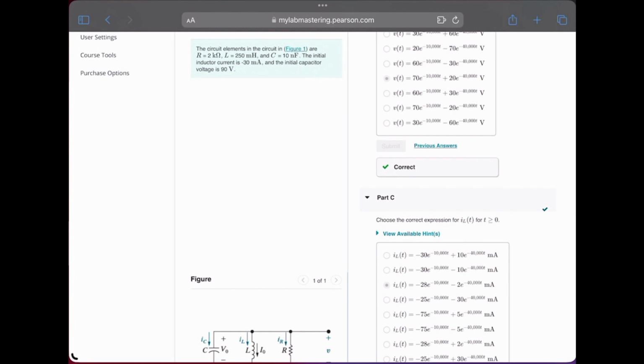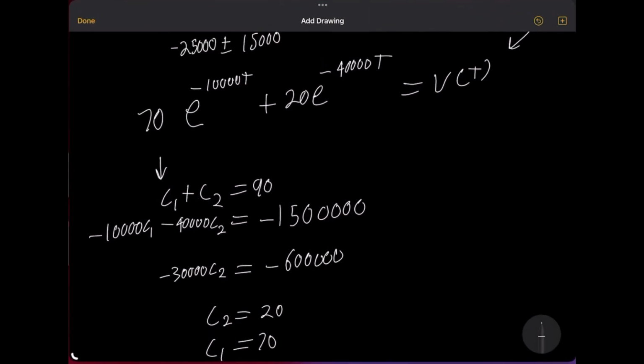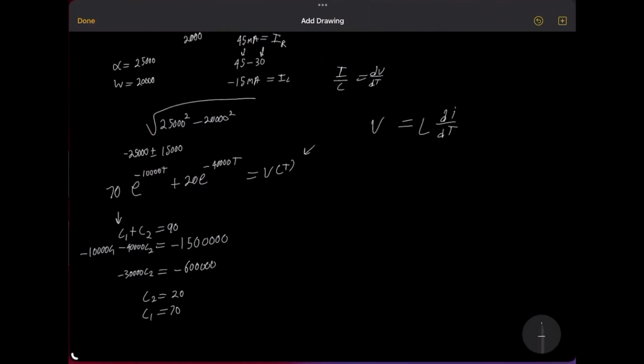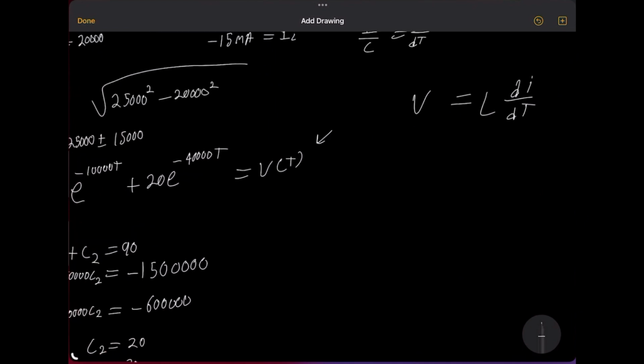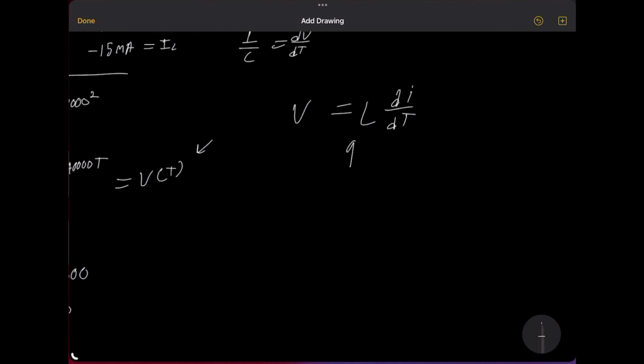And now if we want to find current as a function of time through the inductor, what we're going to have to do is... let's see. Okay, since we know voltage as a function of time through the capacitor, how that relates to the inductor is as follows here.